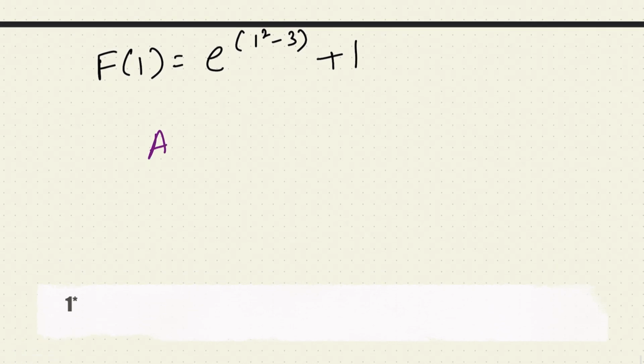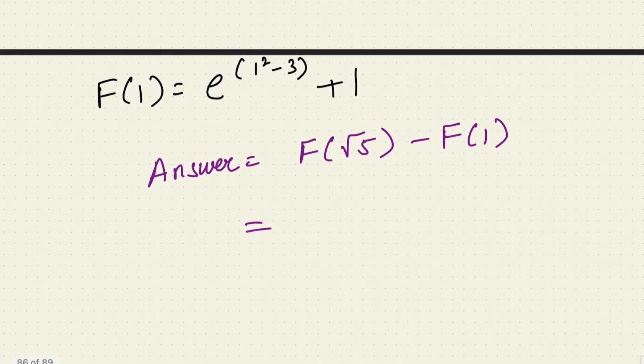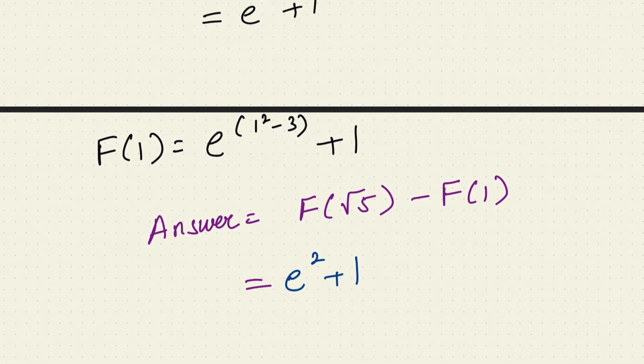So the final answer would be F(root 5) minus F(1), which in this case, since our F(root 5) is e square plus 1, and if we simplify this expression over here, it would become e to the power 1 minus 3, which would be minus 2, plus 1.